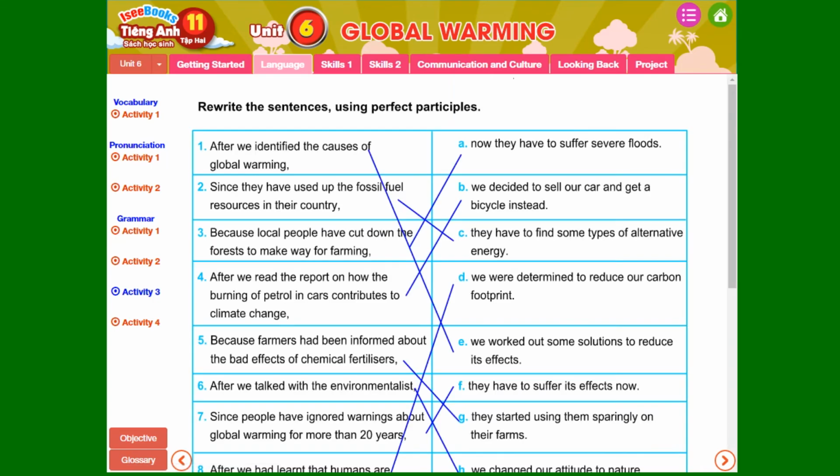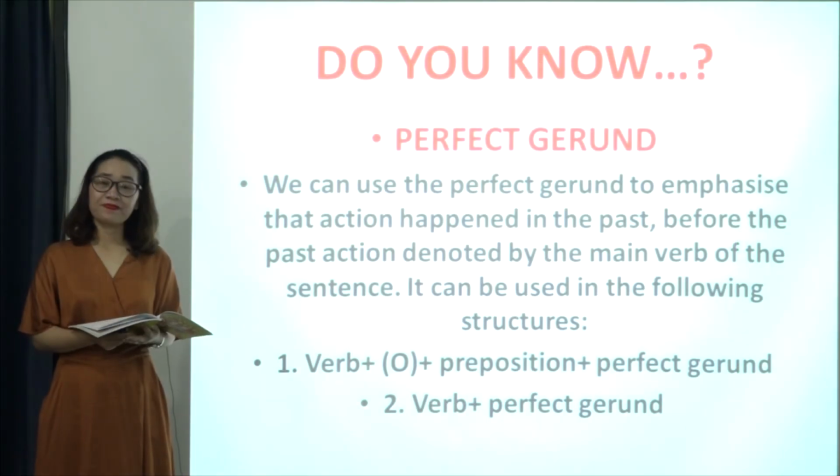Rewrite the sentences using perfect participles. Now, having identified the causes of global warming, we work out some solutions to reduce its effects. For example, so you rewrite. Now we come to the next grammar point is perfect gerund.